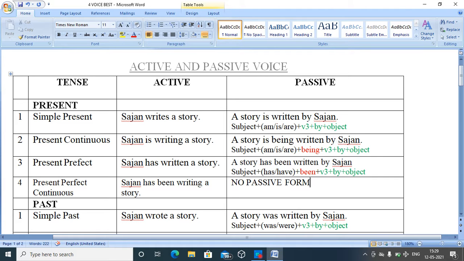Now once again, think about the logic of why this active format of present perfect continuous does not have a passive form. Already "has been" is given, so in this case you could add a "being" to make it somewhat different, distinguished.